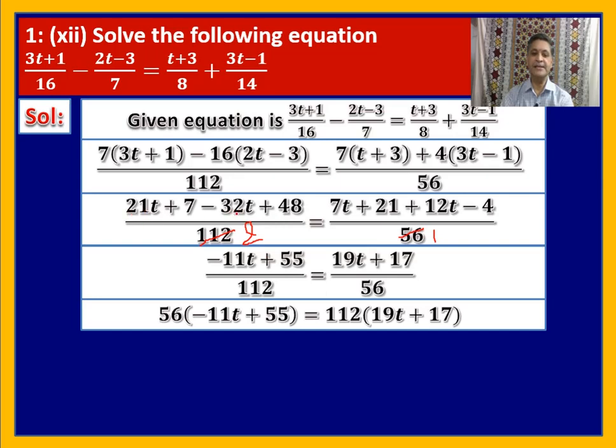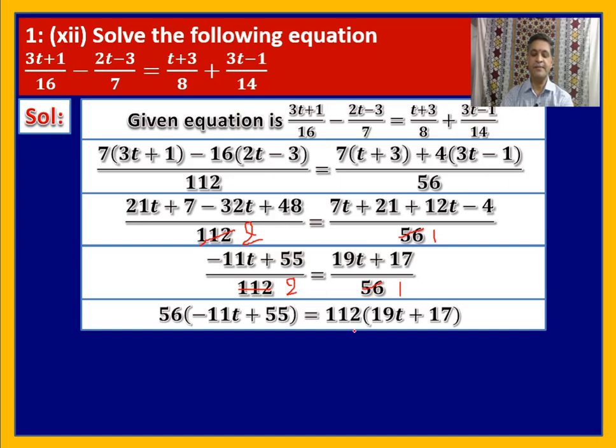21t minus 32t, that is minus 11t, plus 48 plus 7 is 55, by 112 is equal to 70 plus 12t, that is 19t, plus 21 minus 4 is 17. Then cancel 56 one time, 56 in 112 2 times.